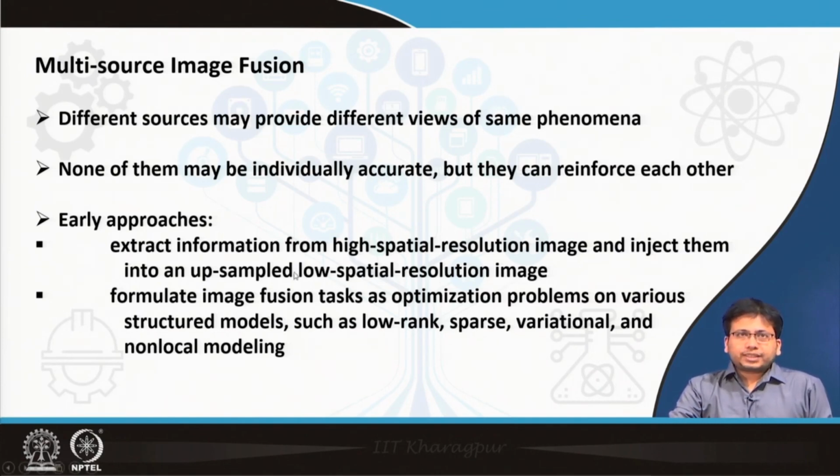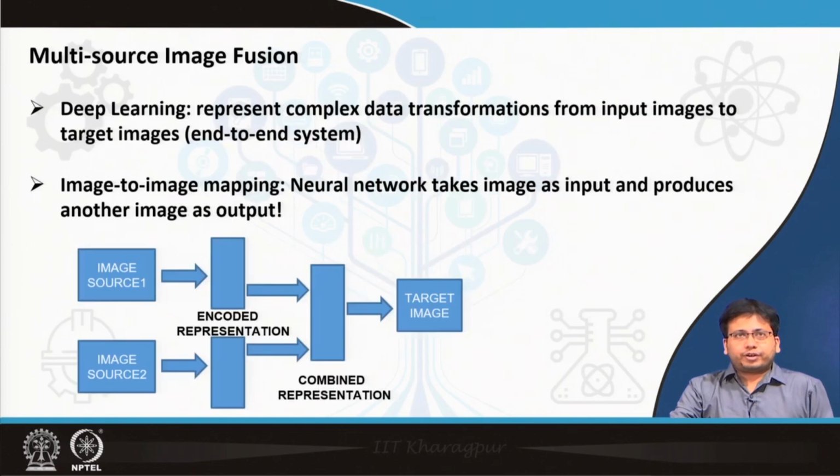This information which I am talking about may have been represented in different ways, such as a low rank matrix or a sparse matrix, or some other models with very specific structures. So, you can say that some representation of the source image was learned, and that representation was passed on to the target image to reinforce it or to improve it.